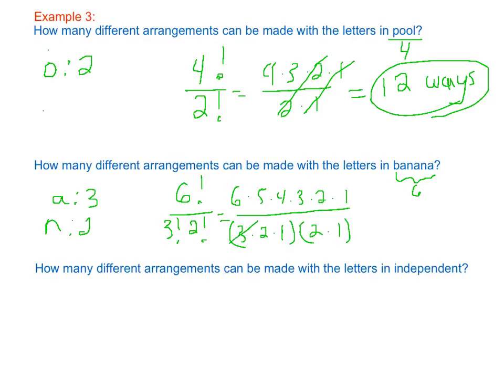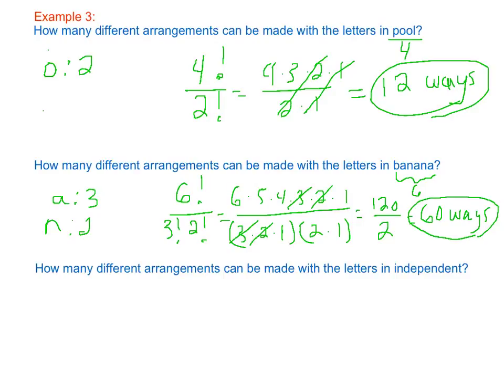There's a 3 here and a 3 there, that gives you 1. A 2 there and a 2 there, that gives you 1. As we multiply across, we have 6 times 5 times 4, which gives us 120. On the bottom, we've got 1 times 2 times 1, which is 2. And then 120 divided by 2 is 60. So there are 60 different ways to arrange the letters in the word banana.